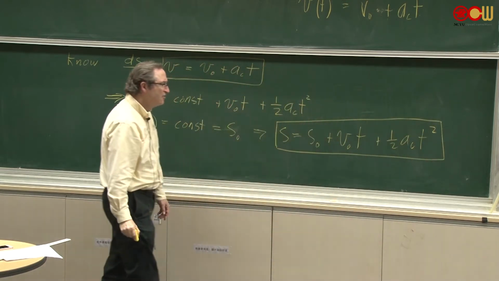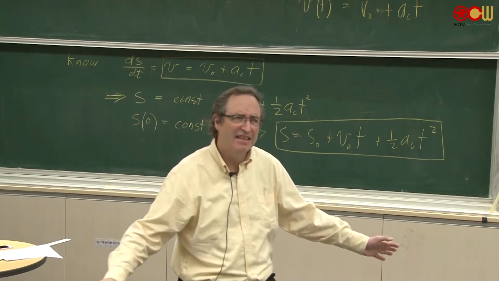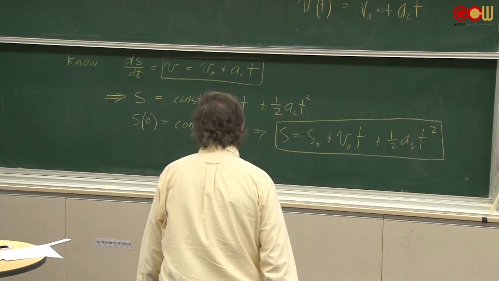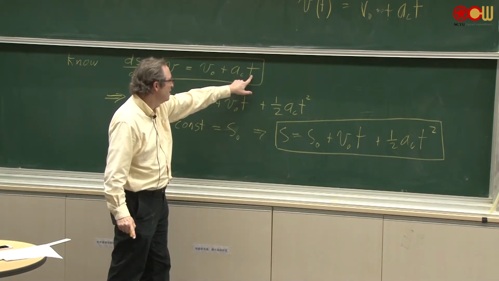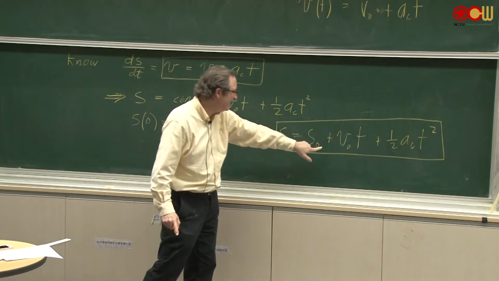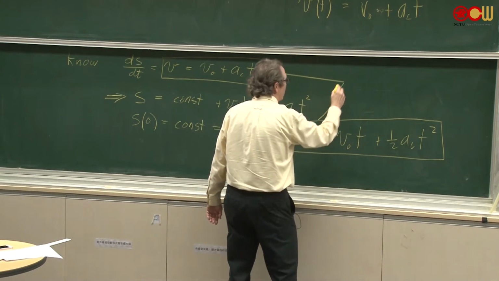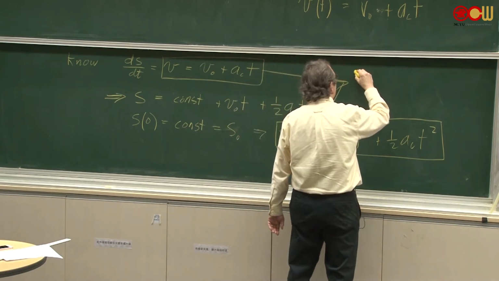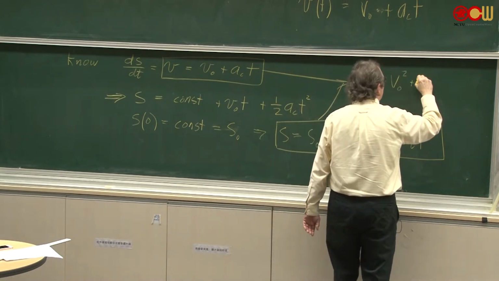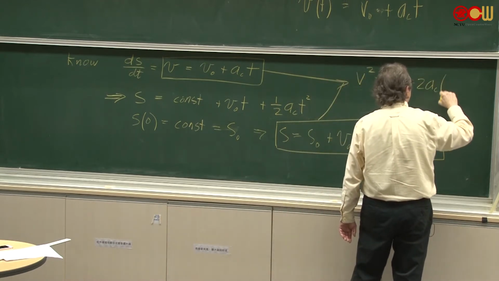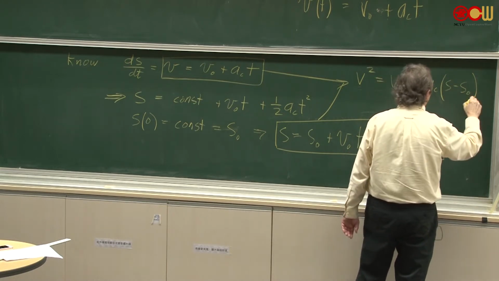Okay. Now, sometimes we don't know or we're not interested in the time. So I can solve this equation for time, and stick it in here. Okay, so these 2 equations here lead to the following equation. V squared equals v0 squared plus 2ac times (s minus s0).